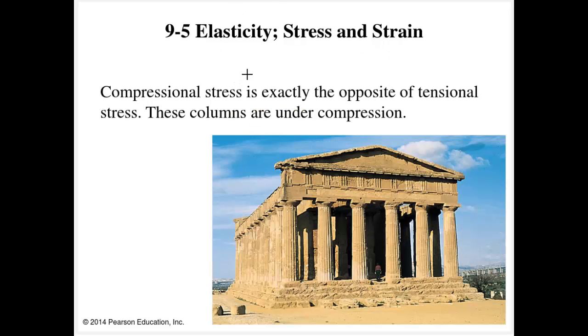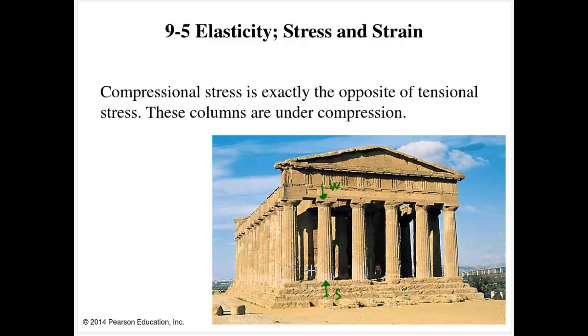Compressional stress is the exact opposite. In this case, rather than trying to pull a steel rod apart, compressional stress tends to act inwards towards the object, compressing it or trying to make it smaller. So we have the weight of all that stuff up there, and then it's being supported down here by a force.